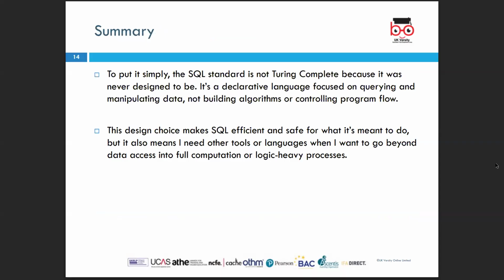To summarize in simple words, SQL is not Turing complete because it was never designed to be. It is a declarative language focused on querying and manipulating data, not building algorithms or controlling program flow.